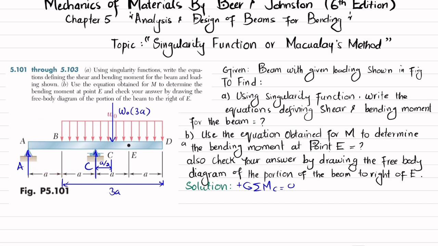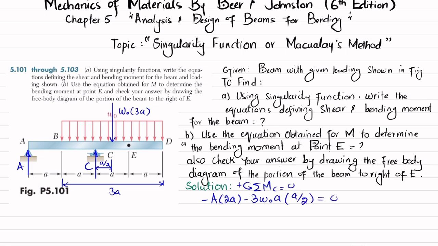So I will write A multiplied by 2a, and that is negative. The second moment produced about point C is this W naught into 3a, and the perpendicular distance is a by 2. And this is also producing clockwise, so it is also negative. So I will write minus 3 W naught into a by 2 is equal to 0.